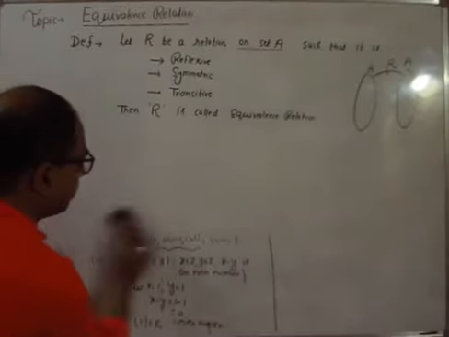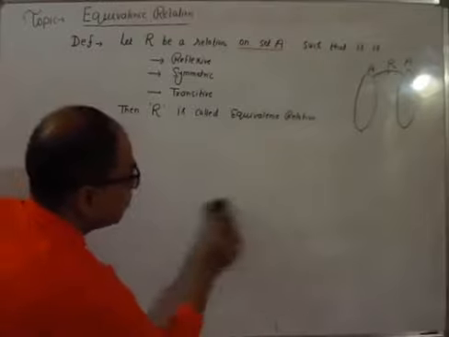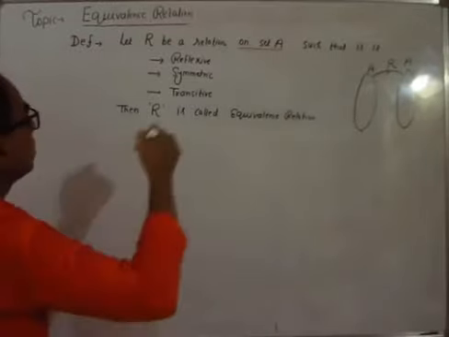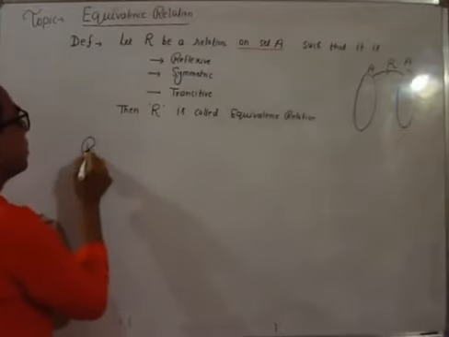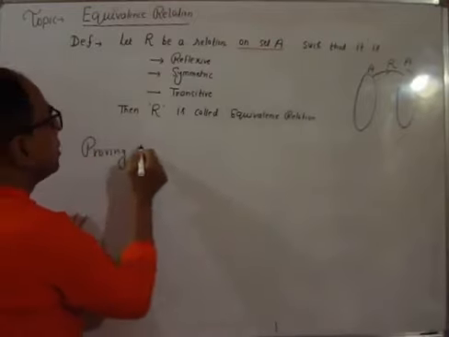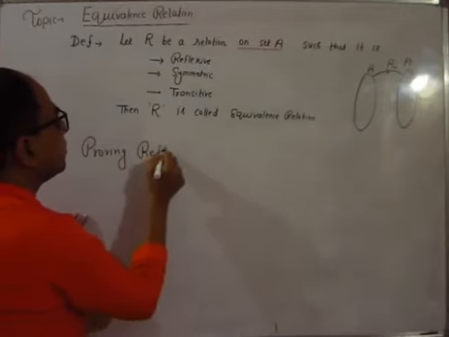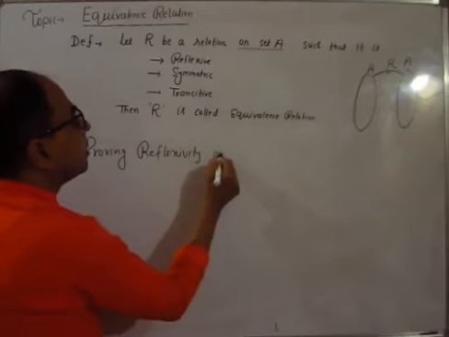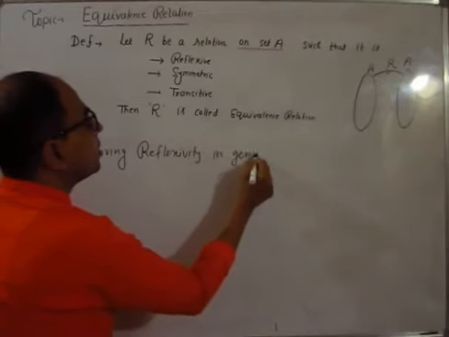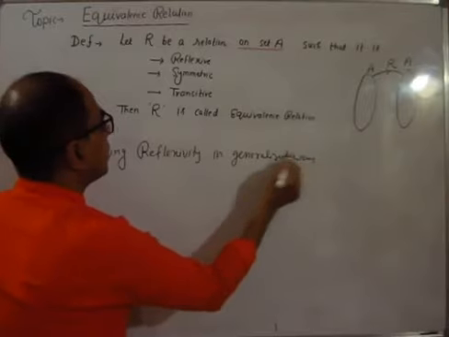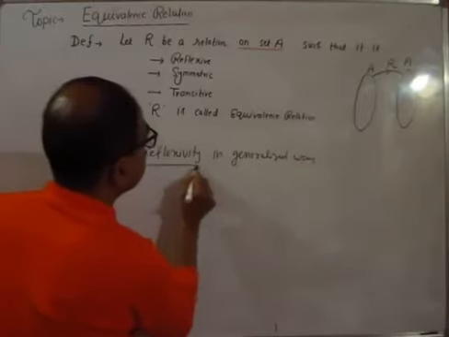Note down this one, this is not given in your book: proving reflexivity in a generalized way. How do you prove the reflexivity in a generalized way?